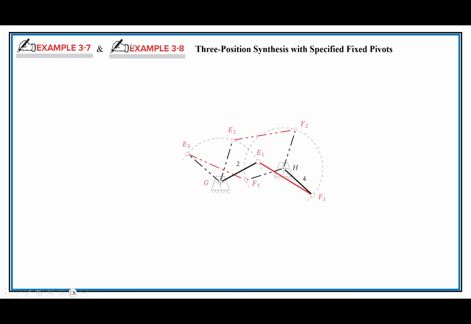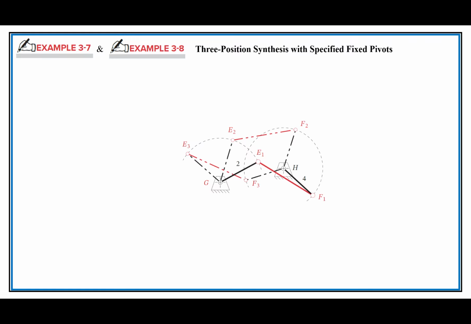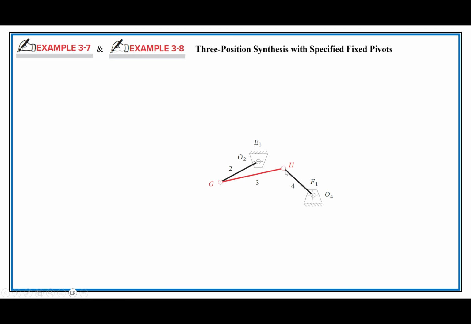Now we can move on to example 3.8, which says, well, that's great, but let's do the inversion of that. Let's take that same mechanism, but instead of E1, F1 being the coupler, make it the ground, invert it, right? So there you go. We have now taken what was the ground, G to H, and it is now the coupler, and now we have legs.